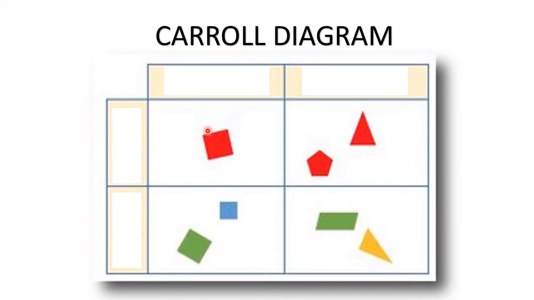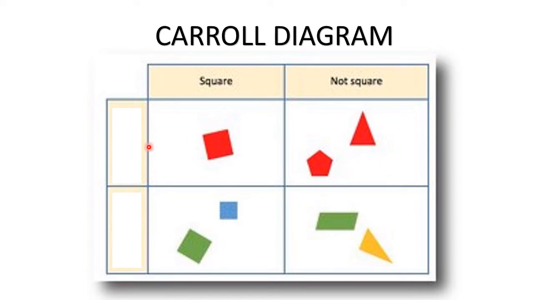So this column is squares. This is squares, so this will be not squares. In fact, in this column we have a triangle, a pentagon, a parallelogram, and a triangle, which are not squares.